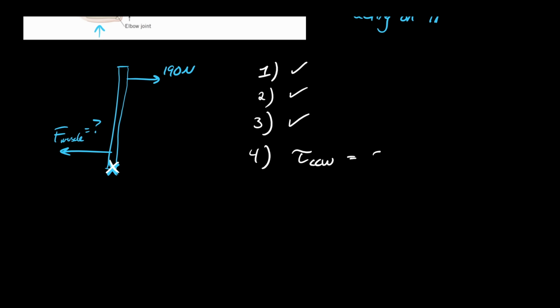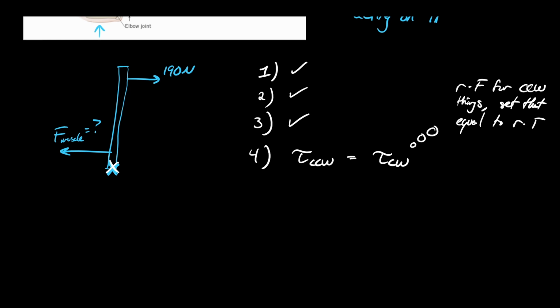Counterclockwise torques equal clockwise torques. And remember, this says, hey dude, look at diagram. Do R times F for all counterclockwise things, and set that equal to all the R times F added up for clockwise things.